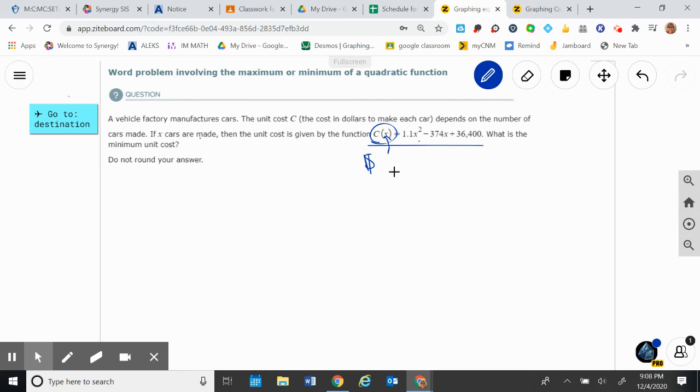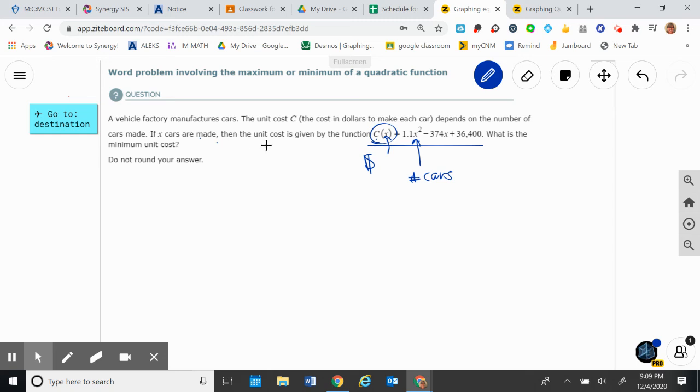X is the number of cars made. What they're telling you is that the cost is dependent on the number of cars. Then all it's going to do is ask you to plug in some stuff, or graph this thing and figure out what the vertex is.